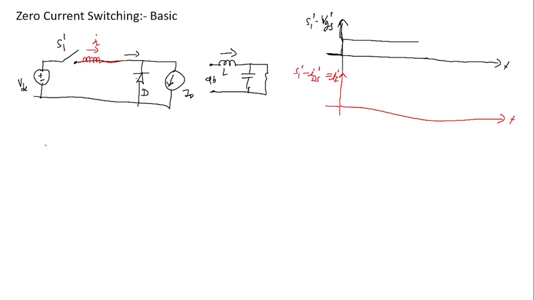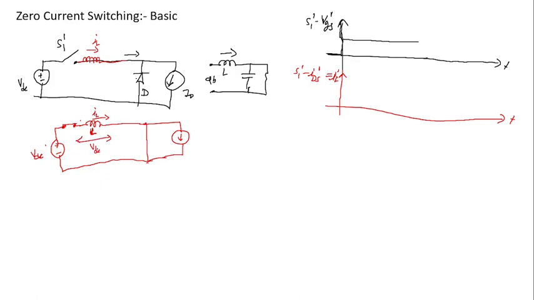Previously this diode was turned on, and the equivalent diagram would be of this nature. So the voltage appearing across the inductor or switch S1 prime is a constant DC voltage, which means the current flowing is not exactly equal to I naught, but follows the current shape that is happening here.